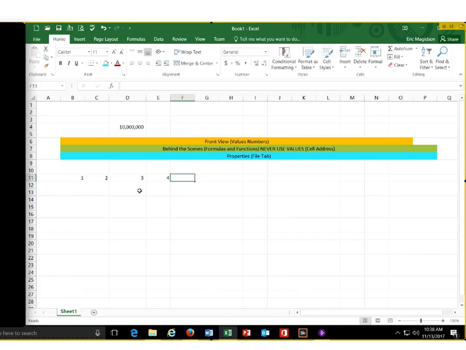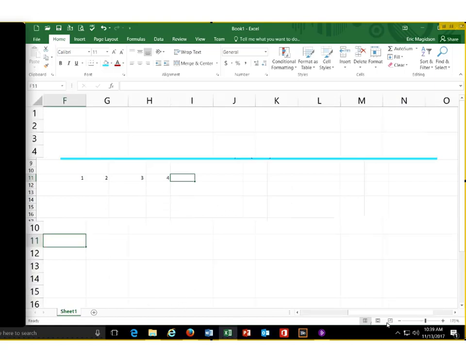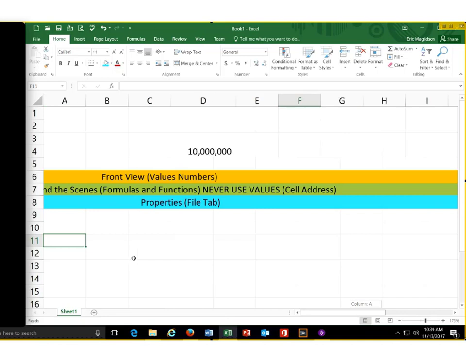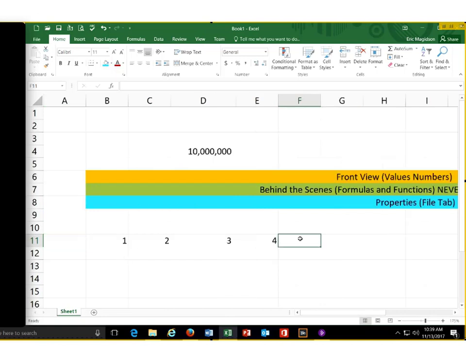If I said to you, I want you to come up to the front of the board and put these values on the board and add them up for me, what would you write on the board? We're going to do it here in Excel. But what would you write in this section? 1 plus 2 plus 3 plus 4.